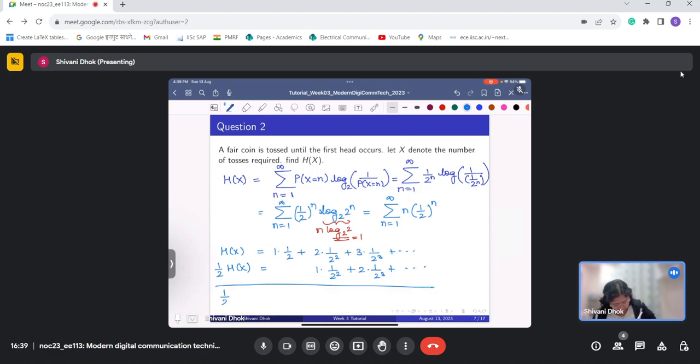So what I have here is half hx, which is equal to 1 by 2 plus 1 by 2 square and so on, which is again a simple IGP which takes the form of first term upon 1 minus common ratio, which comes out to be 1, which means that this hx is equal to 2 bits.